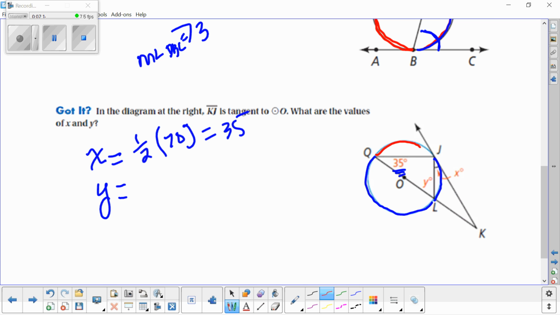Now this arc here is part of the diameter. So if this is 70 to there, then this is 110 because they have to add up to 180. So y is going to be half of that 110, which is 55.